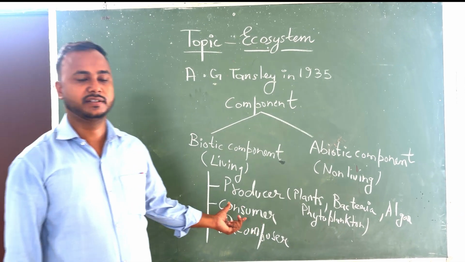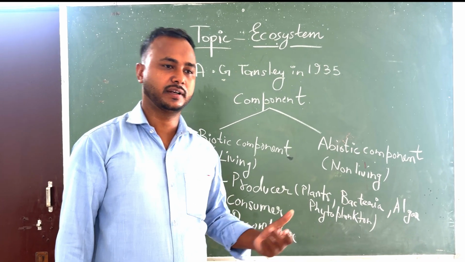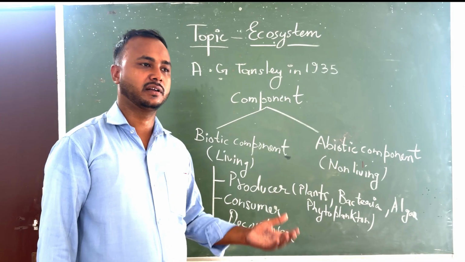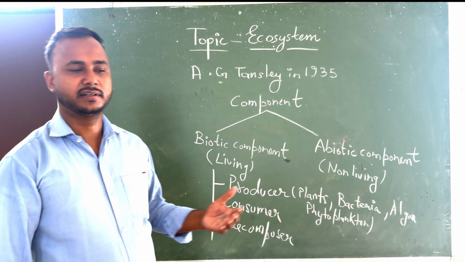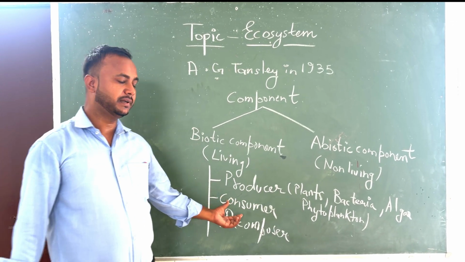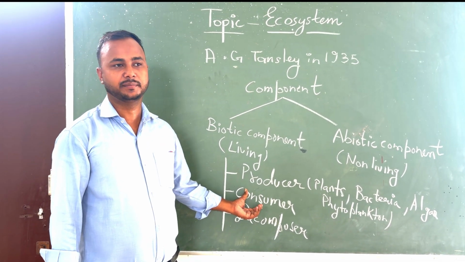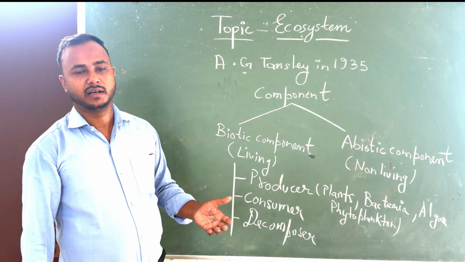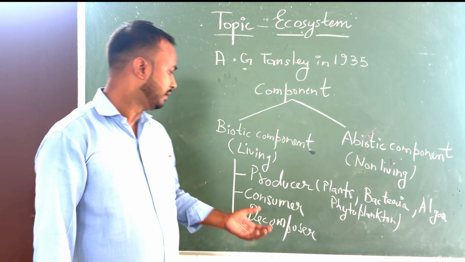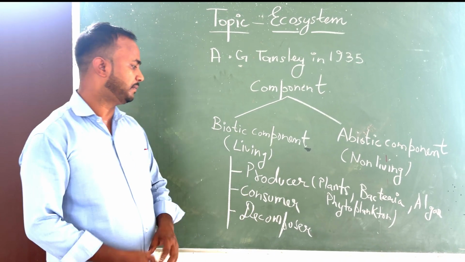Now the next one is consumer. Consumers are those organisms that are dependent on other organisms for their nutrition, for their food. Consumers are basically heterotrophs. Consumers may be of various types.